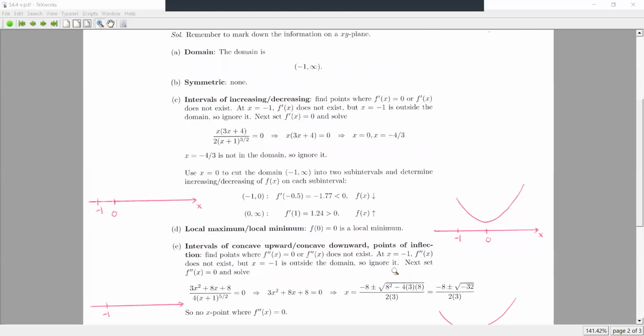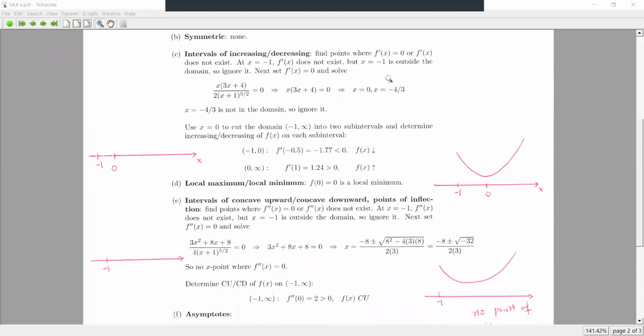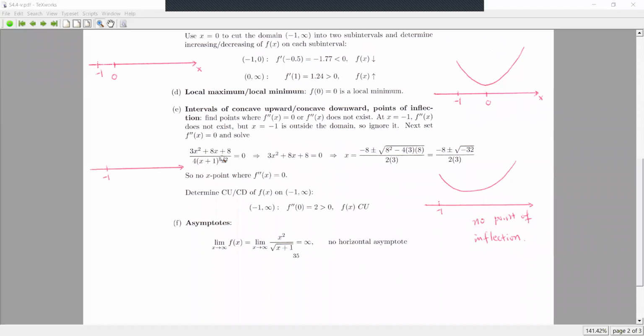Okay, now find points where the second derivative is 0. Set the second derivative to 0. Set this to 0. Then solve this equation. Move the denominator to the right to get this. Now to find the solution of this equation, I use the quadratic formula: negative b plus or minus the square root of b squared minus 4ac, all over 2a.